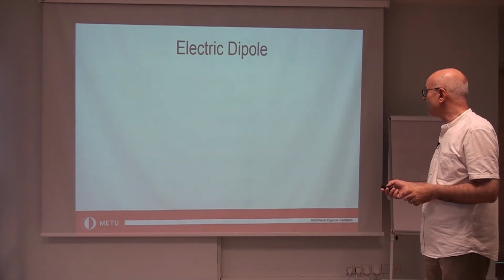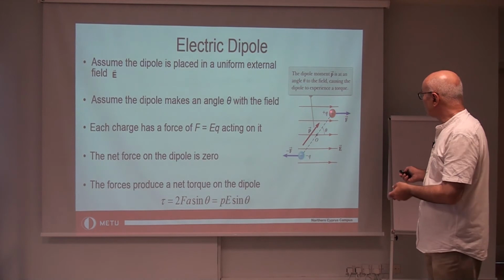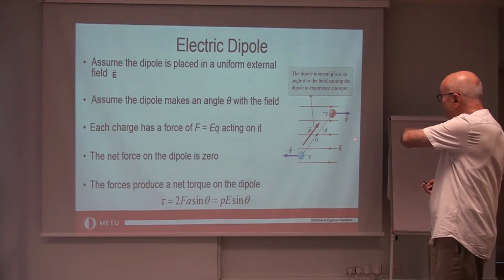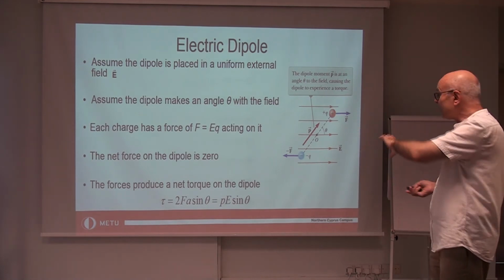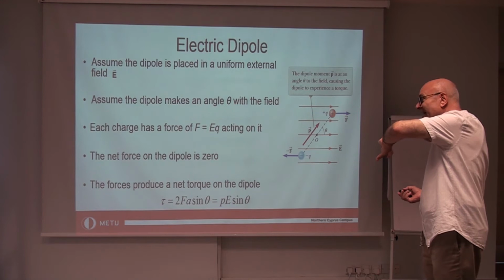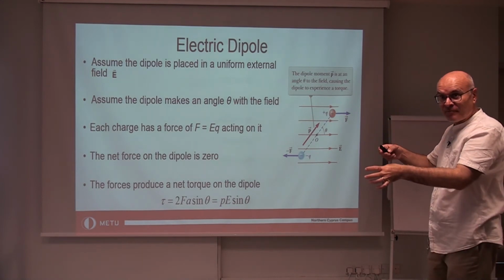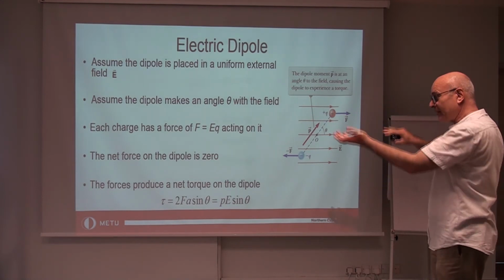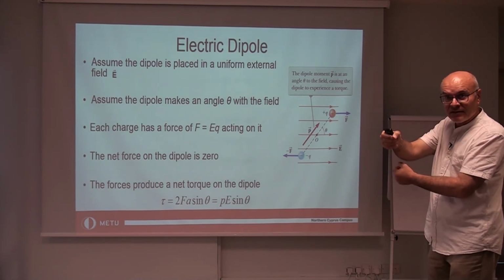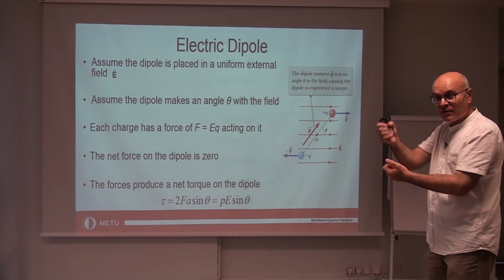In other words, this is your dipole. It will rotate in this direction, but if the external force acts and tries to rotate it clockwise, then that external torque will be doing work against the electric field. Because it is going to rotate this way, you are forcing it to rotate the other way.